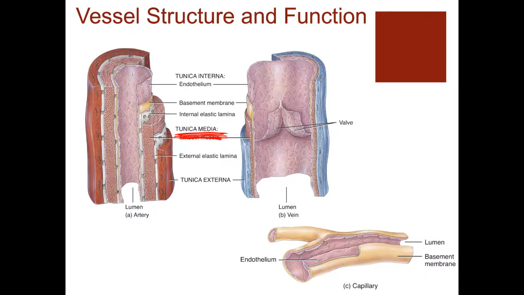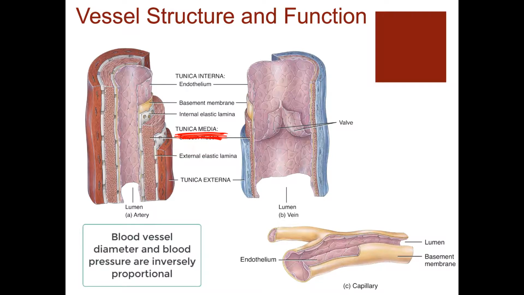The relationship between the blood vessel diameter and blood pressure is inversely proportional, meaning when the blood vessel diameter increases, this is because of smooth muscle relaxing, and that allows blood pressure to decrease. Similarly, when smooth muscle constricts, this helps to narrow the diameter of the blood vessel, and as a result, blood pressure increases in that area of the blood vessel.